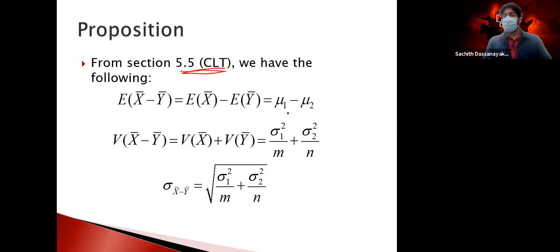Expected value of x bar is mu1, expected value of y bar is mu2. Mu1 and mu2 mean population mean. So the expected value of the sample mean equals the population mean.